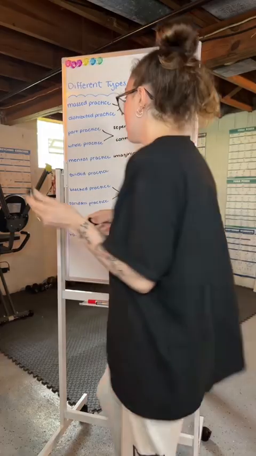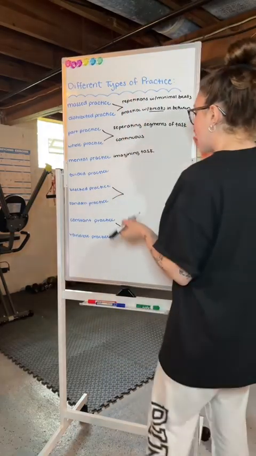The next type of practice is called guided practice. And this is when our therapist is hands-on with the patient, manual assistance to perform the task. Now this is helpful for the performance of the task, but not learning the task. So let's put it into words. Guided practice.